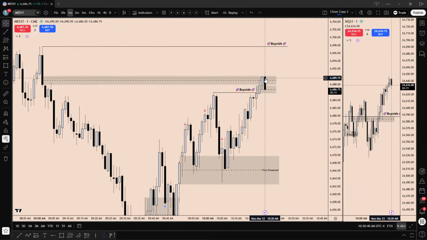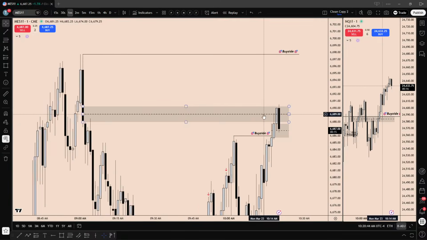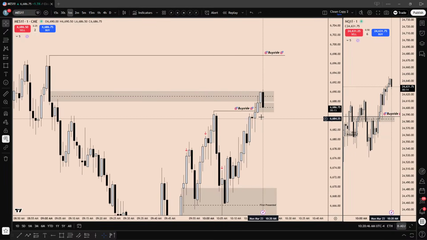Quick delivery into that high. So now that we've completely delivered into it, this is where we'll see rejection if price doesn't want to stay bullish. First thing we'll look for is to reclaim the wick and get back below this buy side pull.